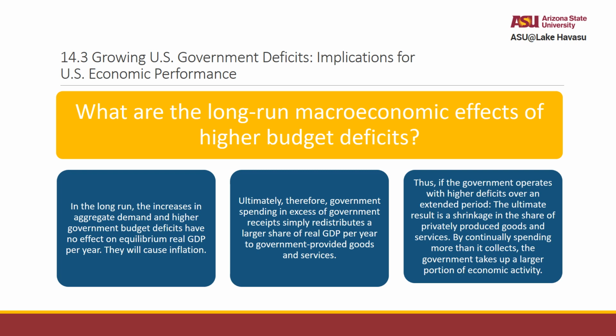In the long run, higher government budget deficits have no effect on the equilibrium real GDP per year. Ultimately, government spending in excess of government receipts simply redistributes a larger share of the real GDP per year to government provided goods and services.